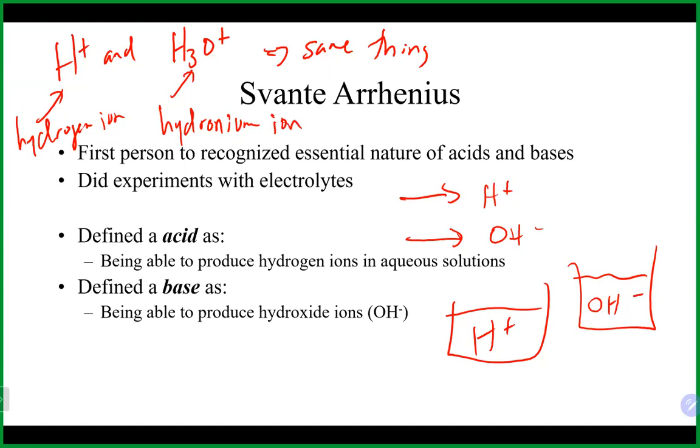They are used interchangeably, both in equations and in formulas as well. Personally, I use H+ most of the time, so anywhere I put H+, you can pretty much exchange it for H3O+. It's basically the same thing in acid-base chemistry. Hydroxide, OH-, is typically always used for bases.